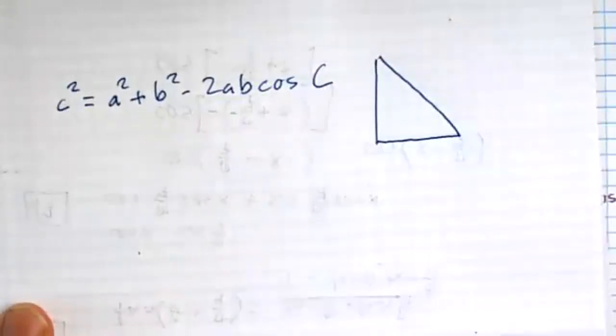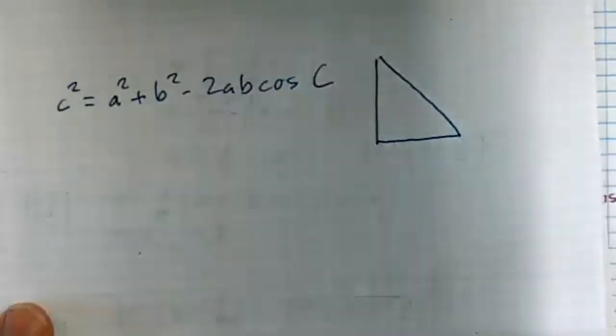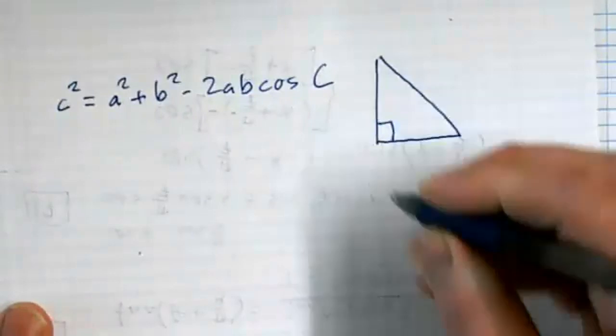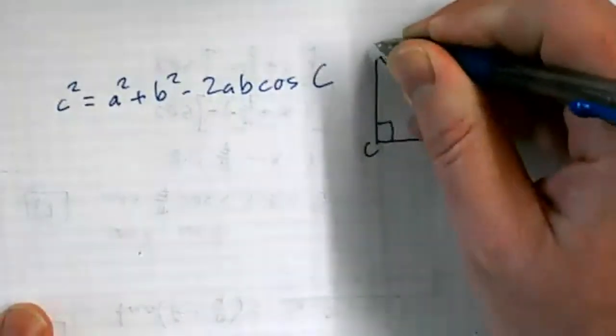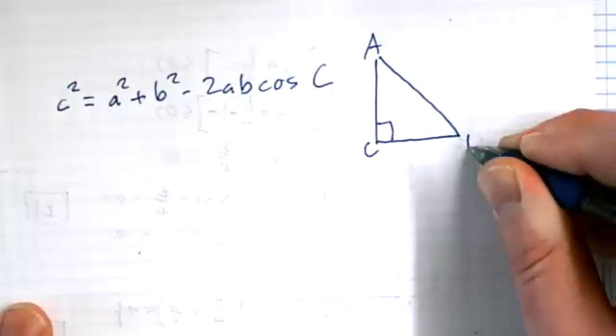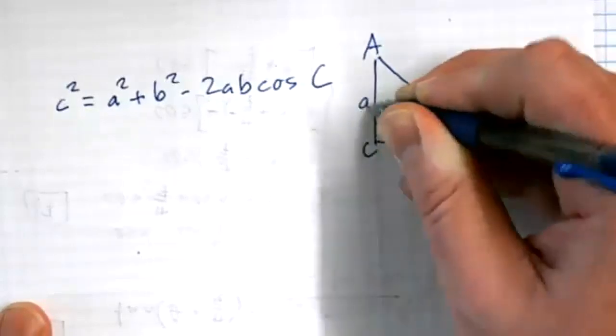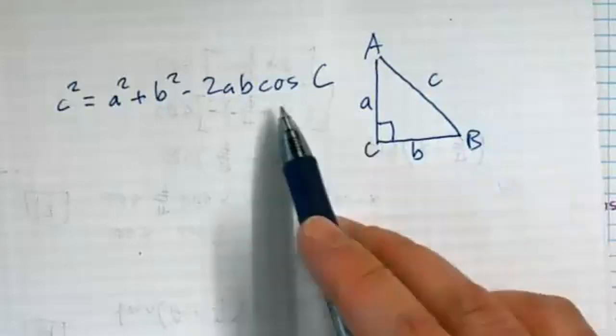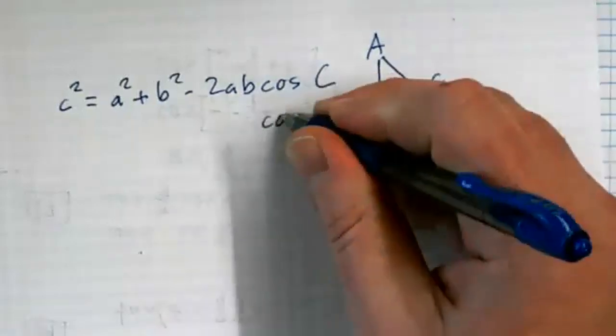Oh, don't miss this. This is really cool. Hang on. I'll help you in a second. Pay attention. Don't miss this, okay? If this is a right triangle where this is C and this is A and this is B, then this would be side C, this would be side A and side B. Agreed? If C is a right angle, then we're taking the cosine of 90.